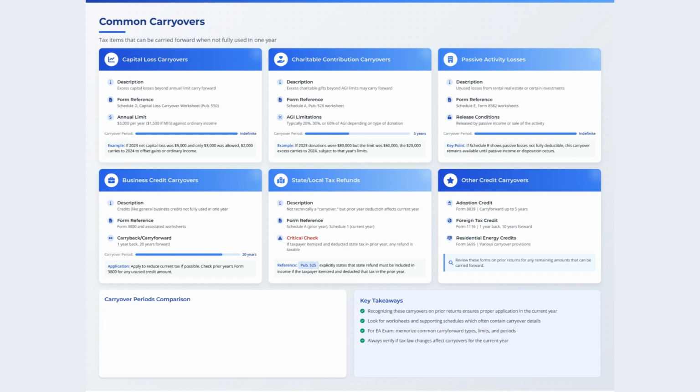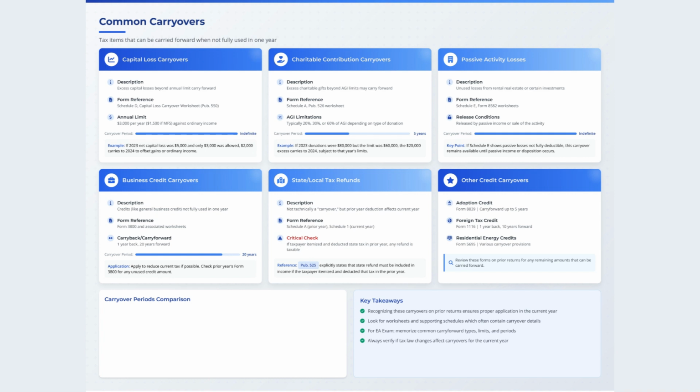They could only deduct $3,000, so the extra $2,000 carries over to 2024. In 2024, they can use that carryover to offset capital gains, or up to another $3,000 of ordinary income. Publication 550 includes a capital loss carryover worksheet that helps you track these amounts.